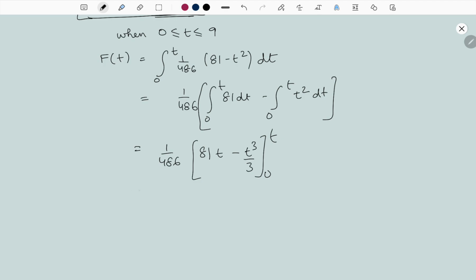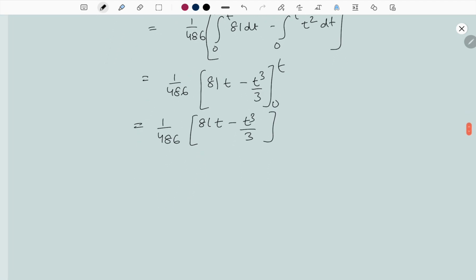Now we substitute the values. The 0 limit will just give 0. So 1 by 486 into 81t minus t cube by 3.